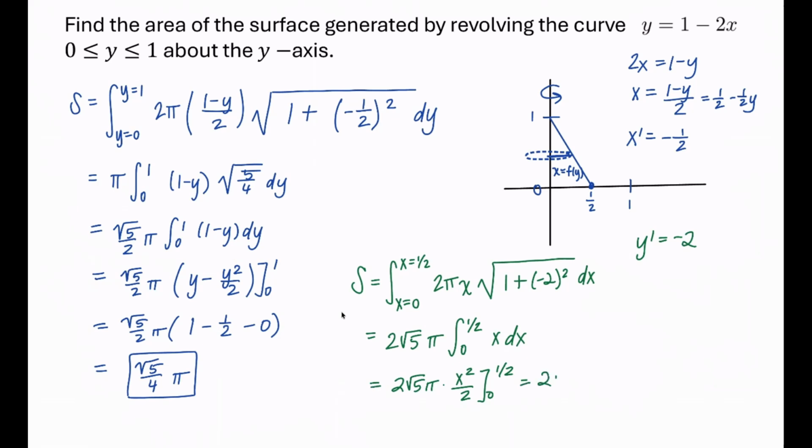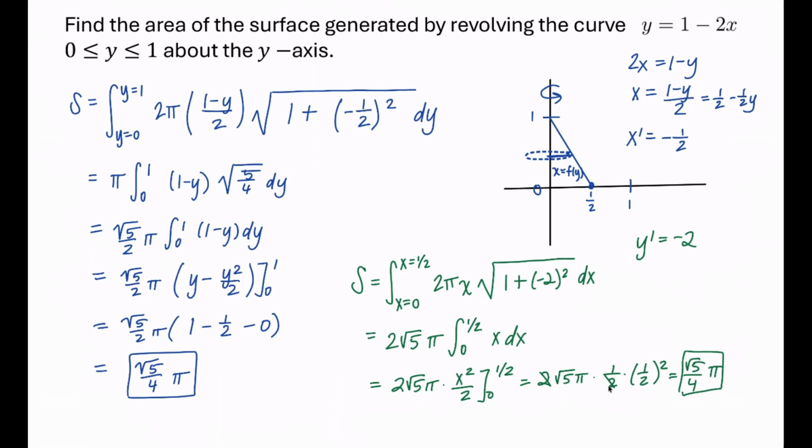And so if I plug in 1/2 and square it, so I have 1/2 and then 1/2 squared, that's going to work out to give me the same answer, right? Because this and this are going to cancel. And so I end up with radical 5 over 4 and then times pi.